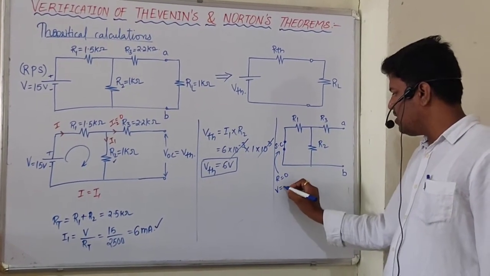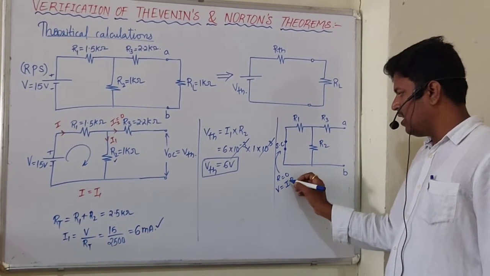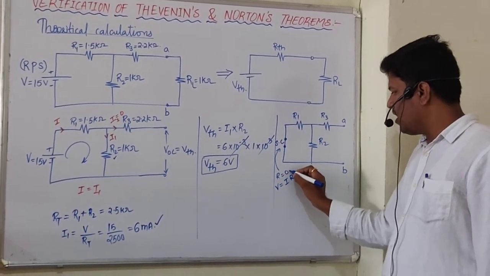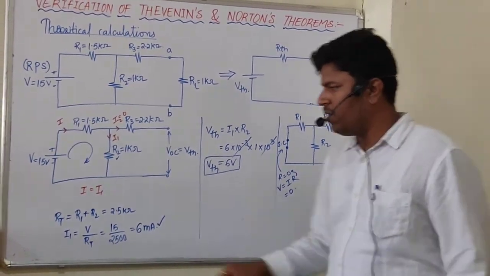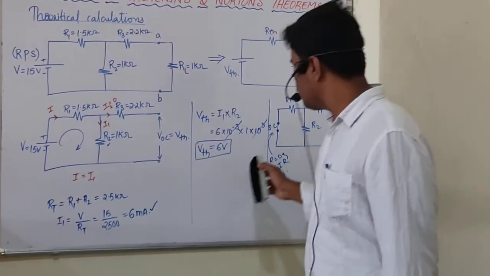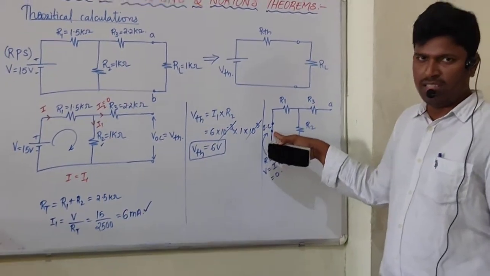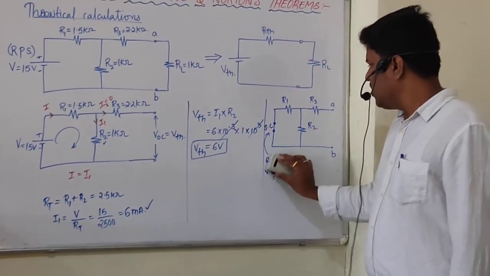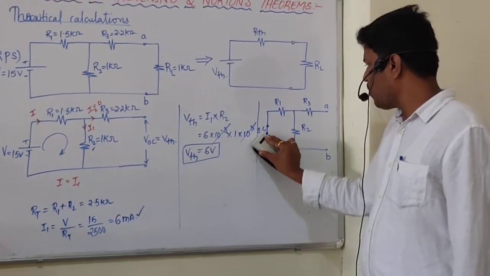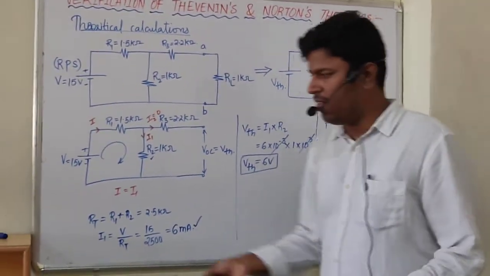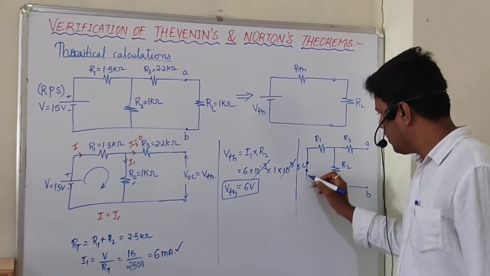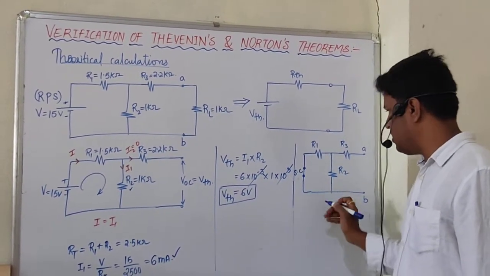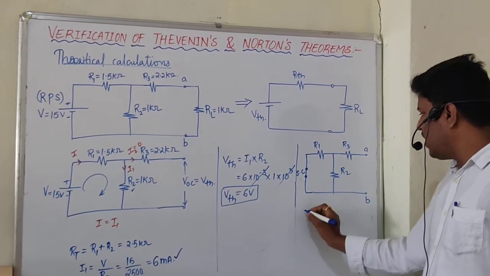So from Ohm's law, V is equal to I into R. Irrespective of any current, if R is 0, voltage will be 0. In problem, if we mention internal resistance, we have to replace with internal resistance. Otherwise, simply short circuit. And current sources, we have to replace it with open circuit if it is not giving any internal resistance value.